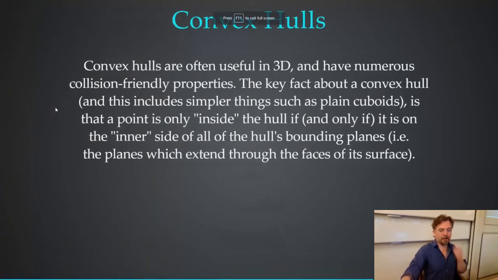So the cute thing about a convex hull is it's easy to check whether something is inside or outside of it. Turns out you're inside a convex hull if you're on the inside of all the planes that bound the hull. So the simplest one is like a cube, right? A cube's a convex hull, and the way you work out if you're inside a cube is if you're on the left side of the right edge and the top side of the bottom edge and the right side of the left edge.